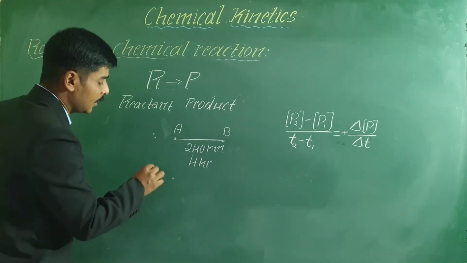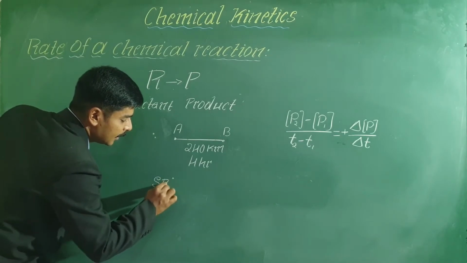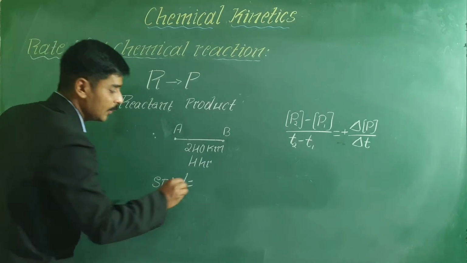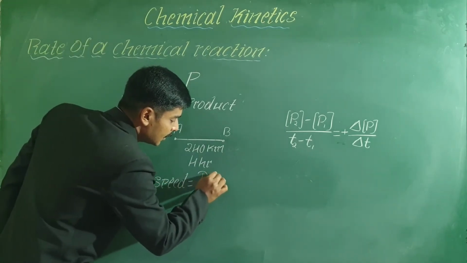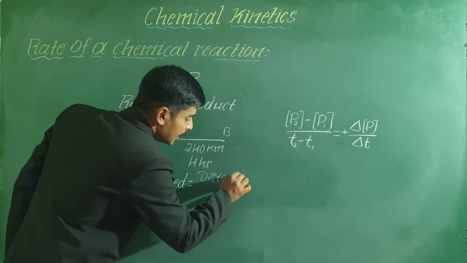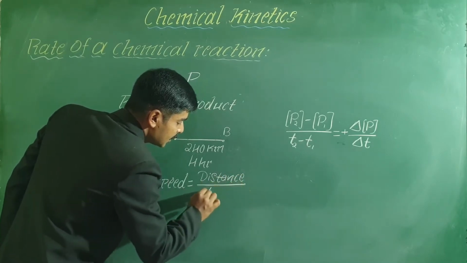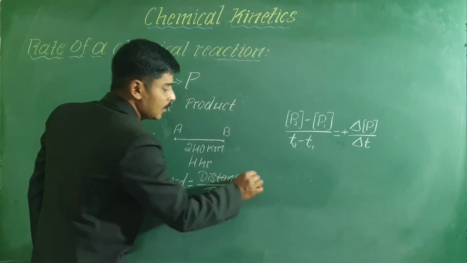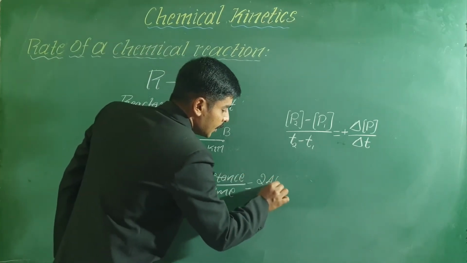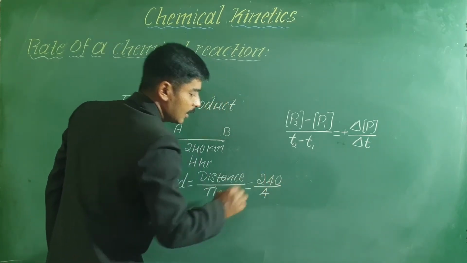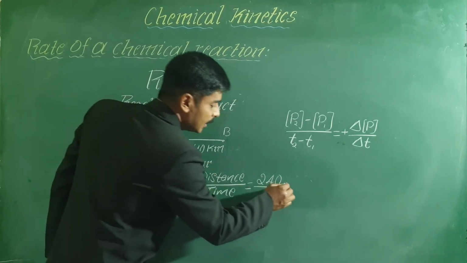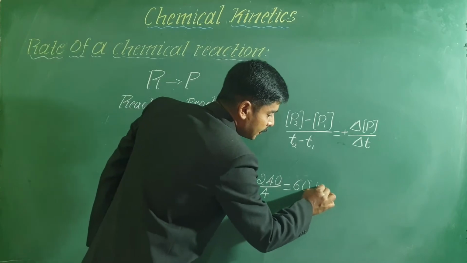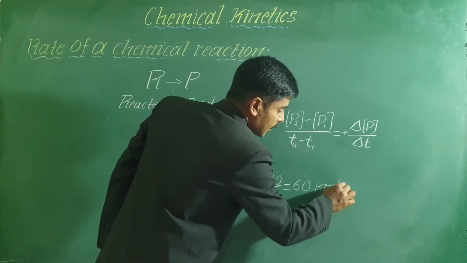You know, speed is calculated using the formula: speed is equal to distance covered by time taken. What is the distance covered? 240 kilometers. What is the time? 4 hours. So what is 240 by 4? It is 60 kilometers per hour.